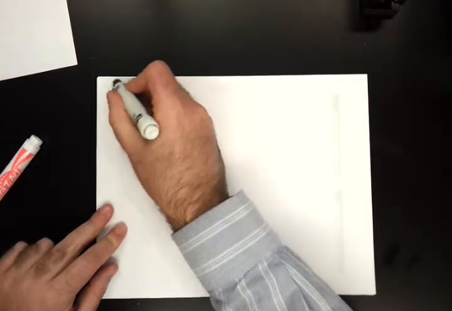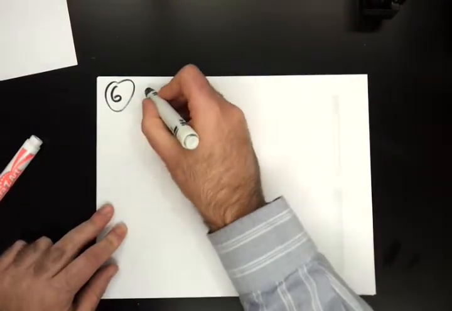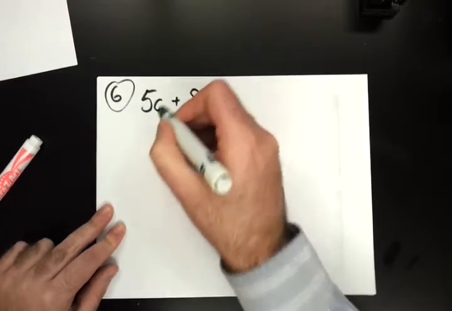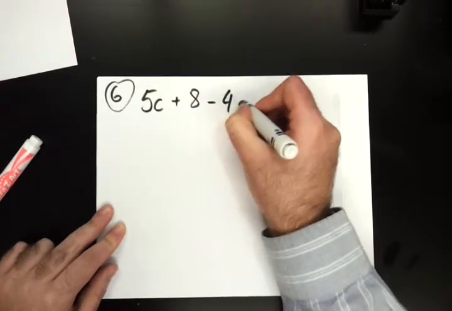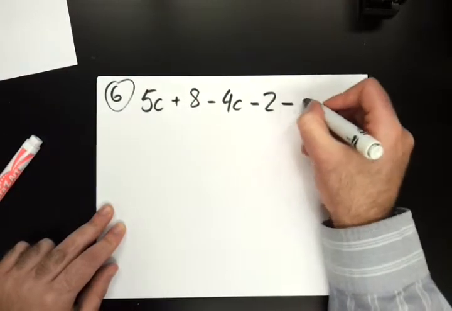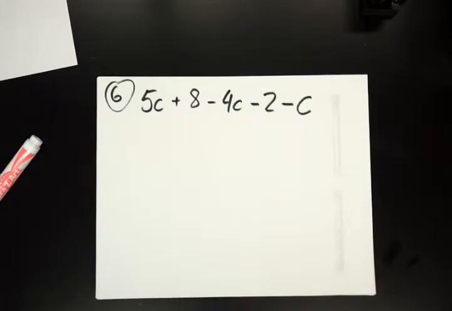All right, number 6. We have 5C plus 8 minus 4C minus 2 minus C. Seems like a big problem, and it has 5 terms. It's the biggest problem in terms of term sizes we have so far.